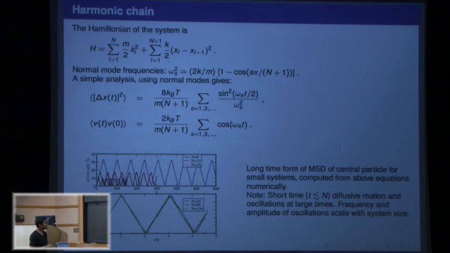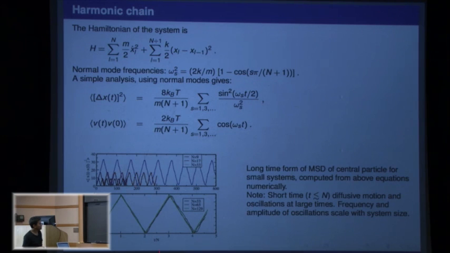The mean square deviation as a function of time keeps oscillating, even for very small chains. Remember that the initial conditions are chosen from the canonical Boltzmann distribution, and these oscillations just keep happening and it doesn't saturate to the expected equilibrium value.